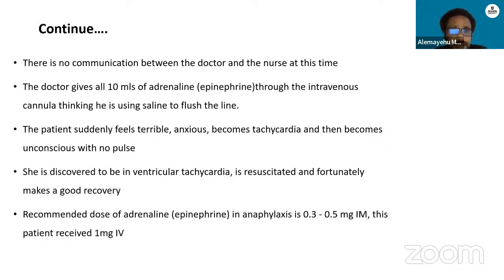The patient suddenly feels terrible, anxious, becomes tachycardic, and then becomes unconscious. She is discovered to be in ventricular tachycardia. The recommended dose for anaphylaxis is 0.3 up to 0.5 milligram intramuscular. This patient received 1 milligram IV. So a number of errors have occurred.